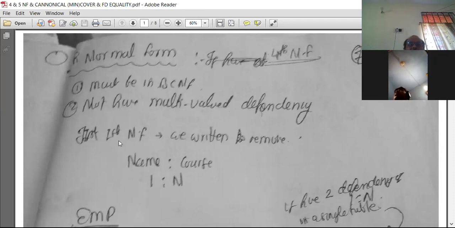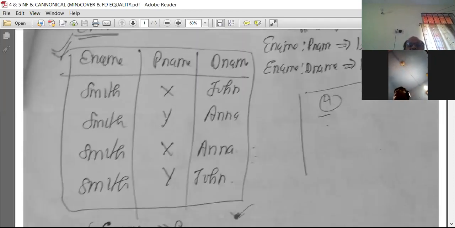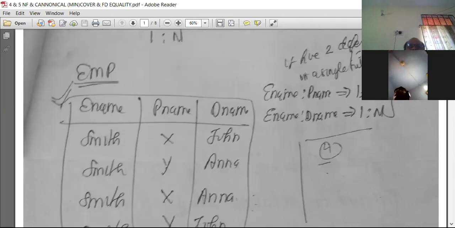So what is happening in 4NF? Now I will show you. Suppose this is a table: E name, P name, and D name, dependent name. I am seeing here that if there are two or more multi-value dependencies, then the table is not in 4NF.